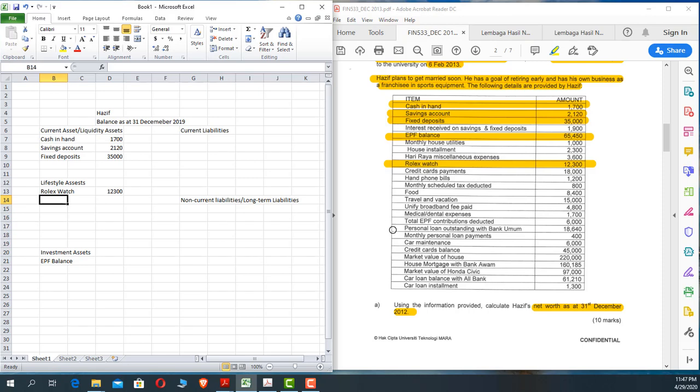And the next total EPF contribution deducted, that's also your expenses based on cash flow statement. And you have here personal loan outstanding with umum. So this is your personal loan bank, the balance with your bank umum sebab awak ada buat pinjam based on your personal loan.